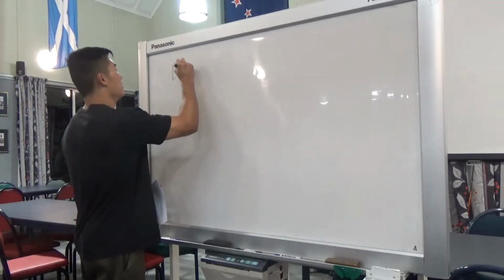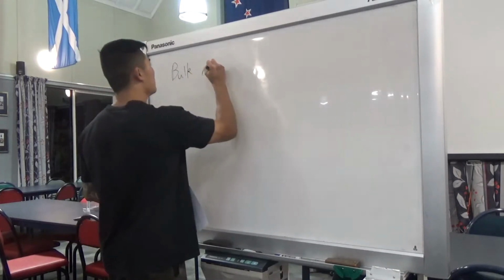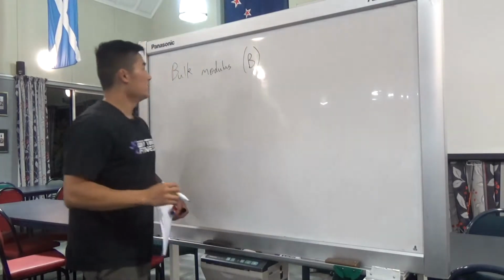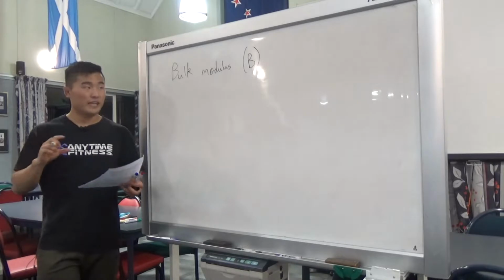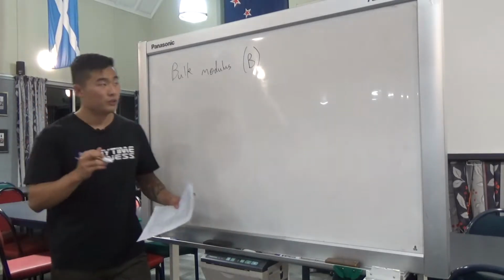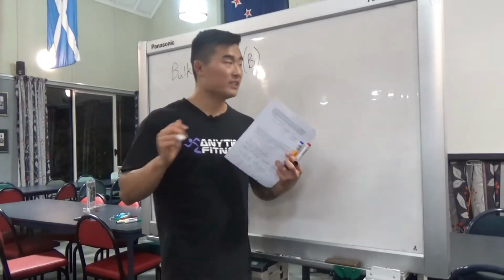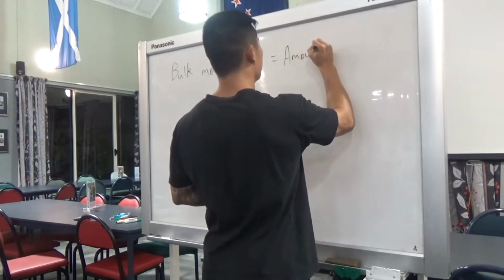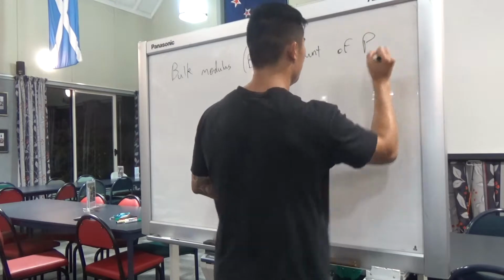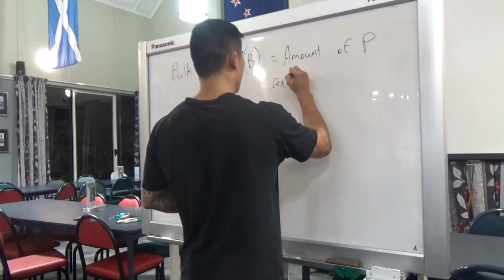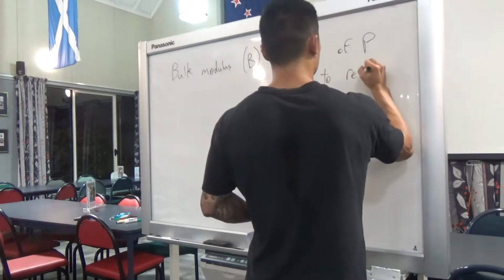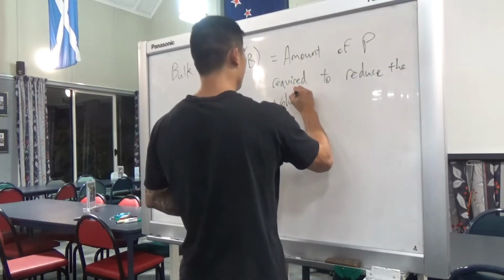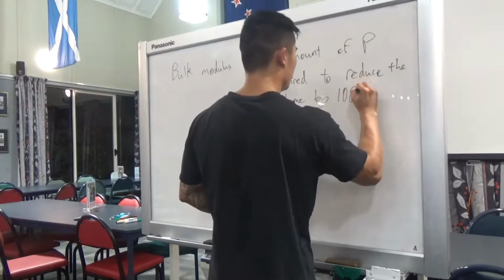The bulk modulus, which is given the symbol B, equals the amount of pressure required to reduce the volume by 100%.